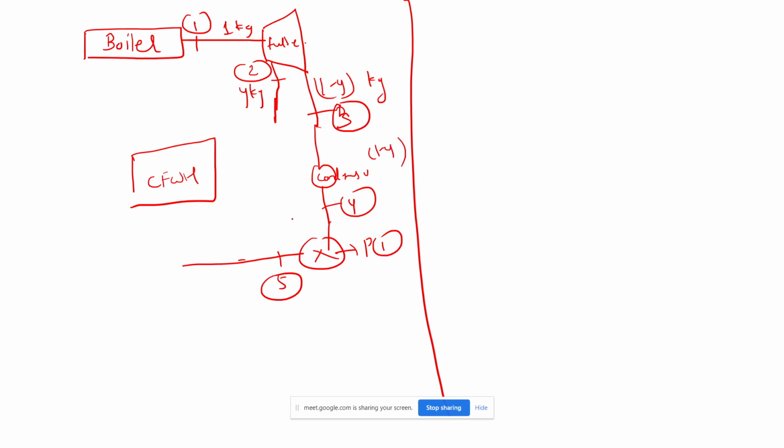Here also, here also, here also. This will go here, and this will go here to condition 5 with 1 minus y kg, and here condition 2 with y kg. So what will happen? Its temperature will increase.